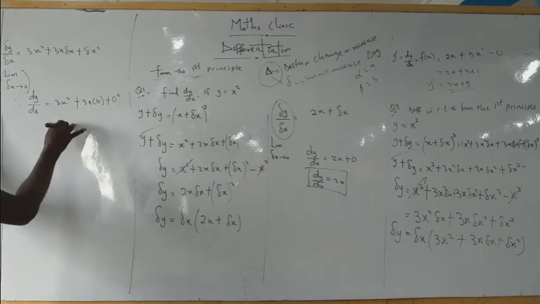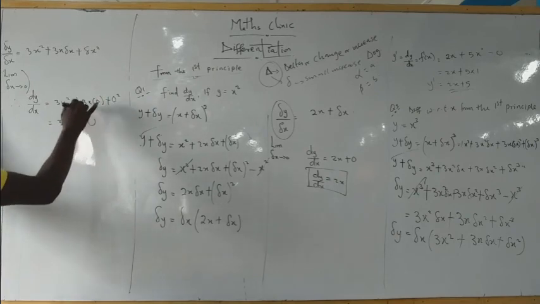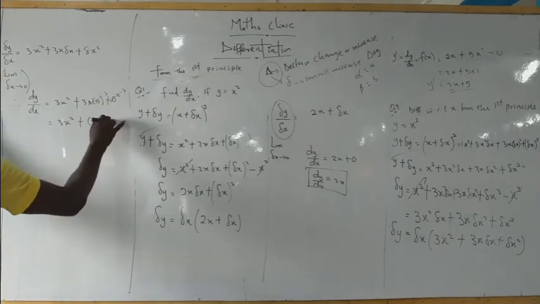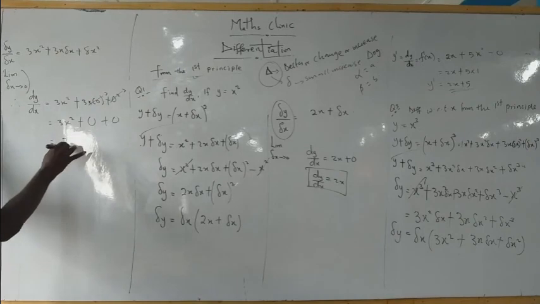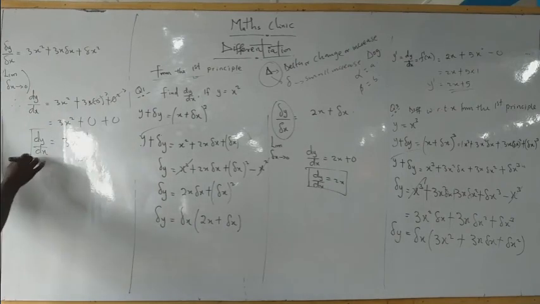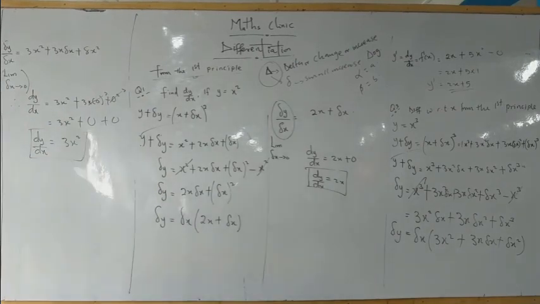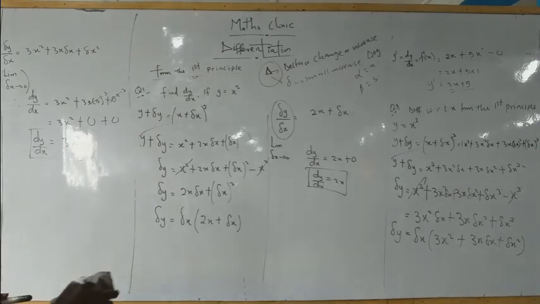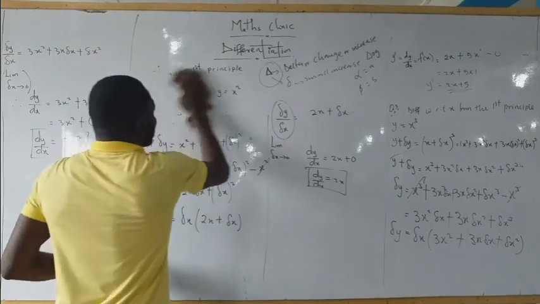Okay? And that gives 3x squared plus everything is 0. 0 means nothing. So 3x squared equals dy over dx. This is how to differentiate from the first principle.